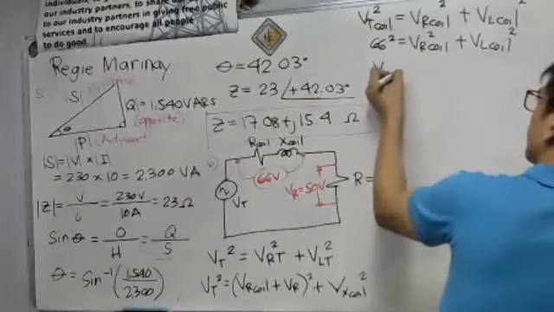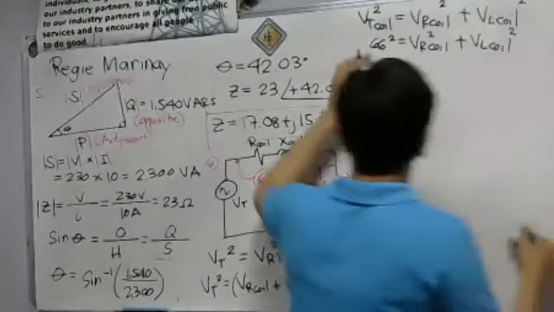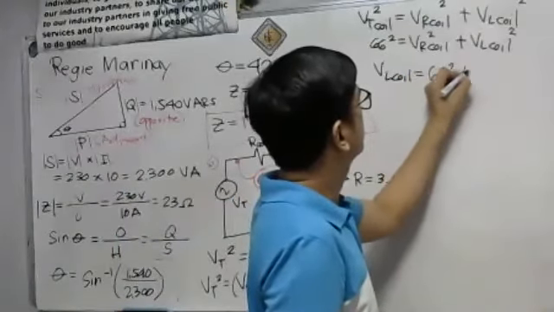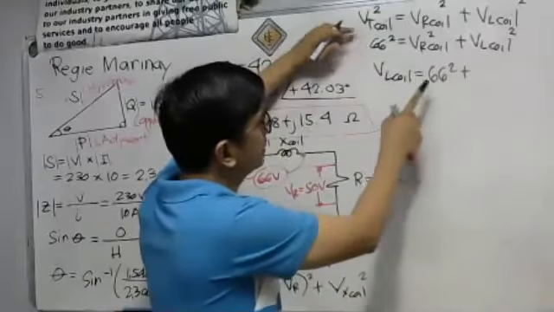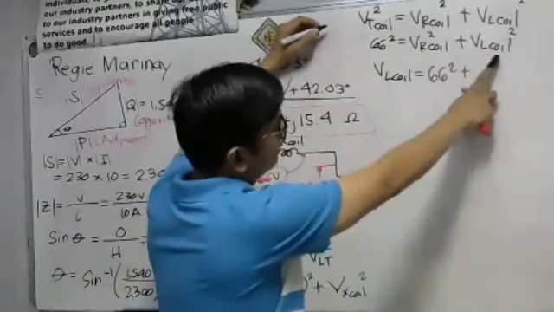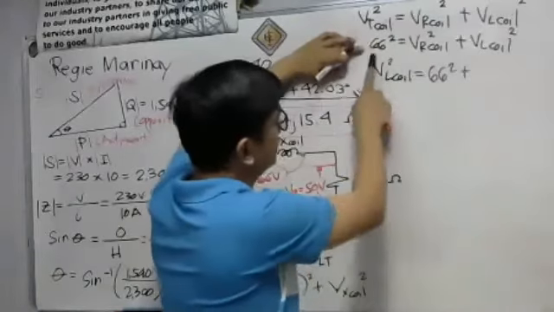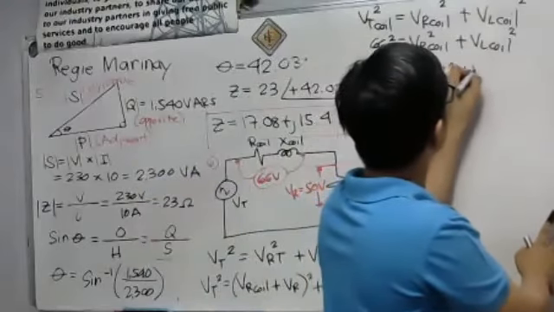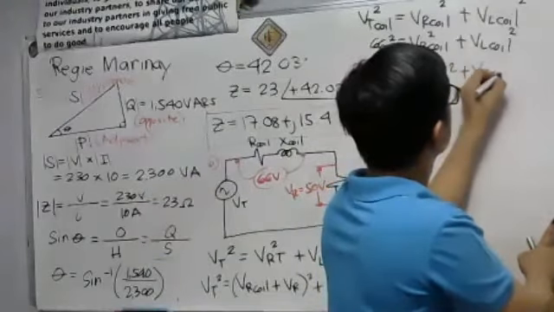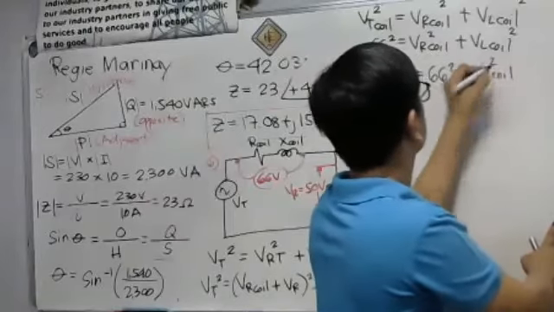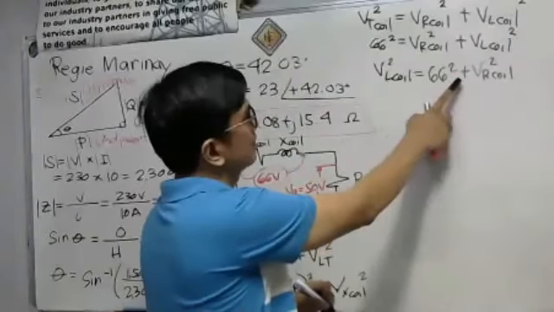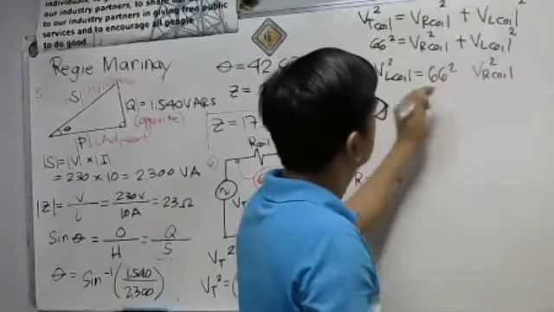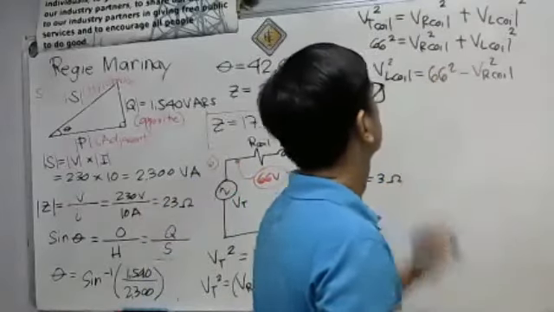Let us get the VL of the coil. That is equal to 66 squared, then let us transpose this. This will become VR of the coil squared. By the way, this should be minus.